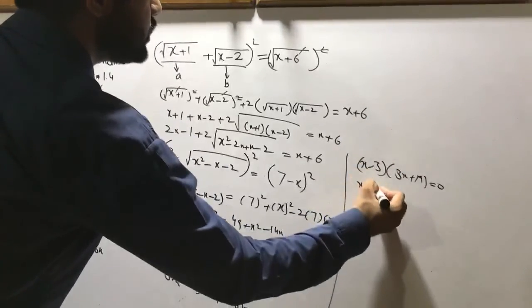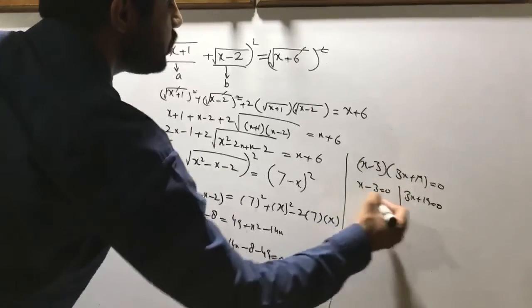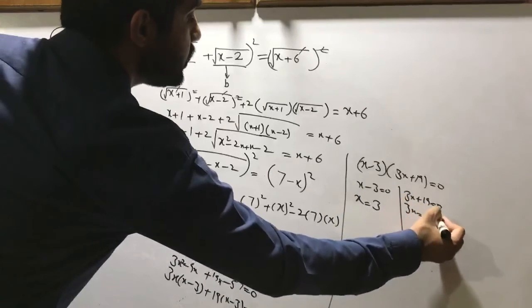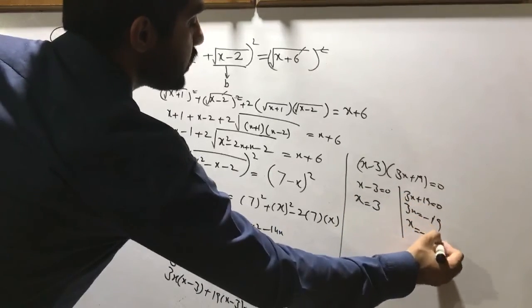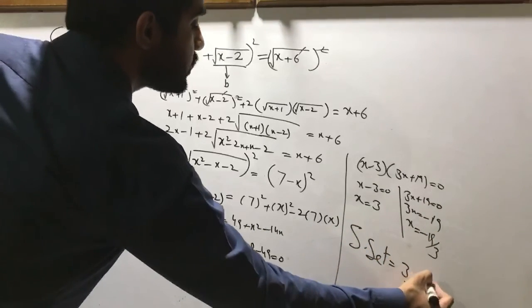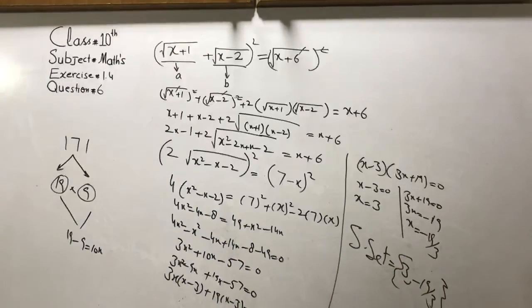Now x minus 3 is equal to 0 and 3x plus 19 is equal to 0. x is equal to 3, and 3x is equal to minus 19, so x is equal to minus 19 over 3, and this is the solution set, that is 3 and minus 19 over 3. Now question number 6 of exercise 1.4 is solved out. Thank you.